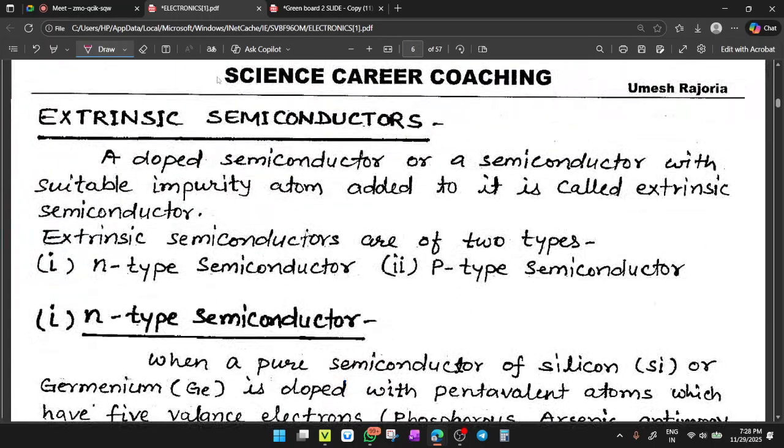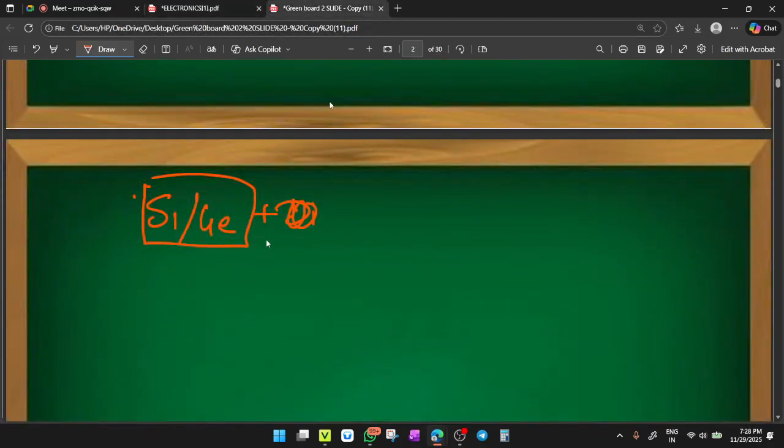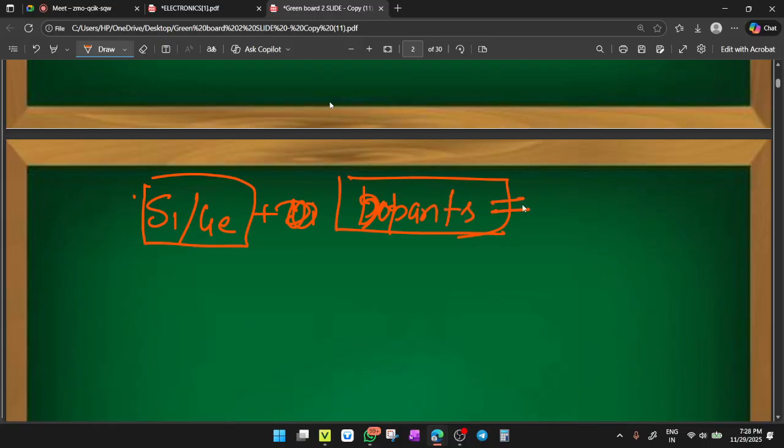Now, after doping, you will have a new variety of semiconductor. When you have pure silicon or germanium and you have doped it with dopants, you will have a semiconductor that is called extrinsic or impure semiconductor.